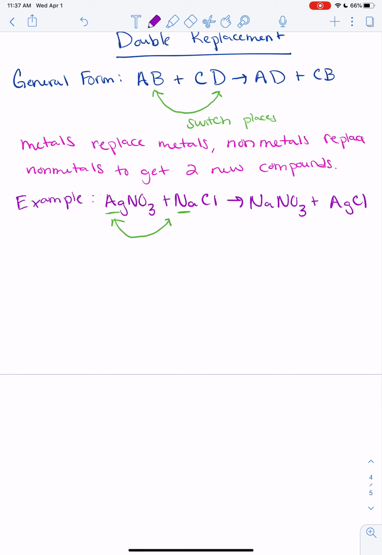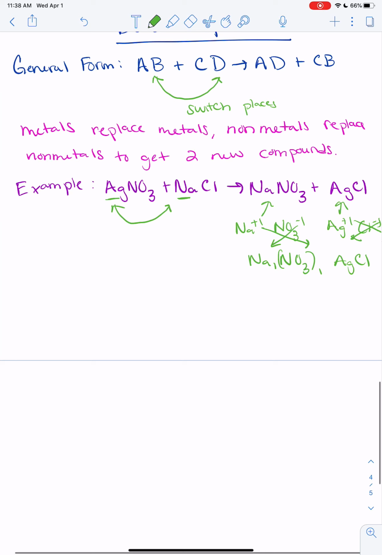And of course we would have to figure out our subscripts. So here we would say Na is +1, NO3, if you remember from our polyatomics, is -1. Those polyatomics don't go away. So it's Na1, NO3, 1. Same thing, the charge of silver is +1, charge of chlorine is -1. We switch, we get AgCl. So we have to do this every time.